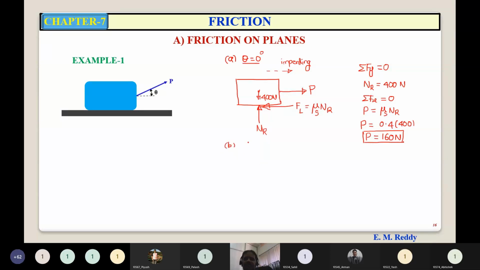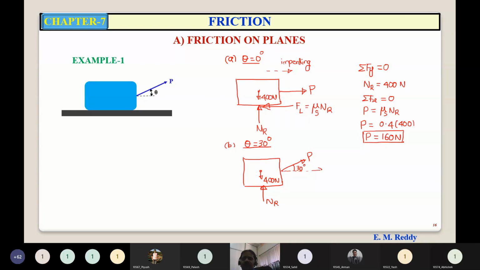Now for the second case, when theta is equal to 30 degrees, let us draw the free body diagram again. Weight of the body 400 Newton, normal reaction NR, applied force P making an angle of 30 degrees with the horizontal.